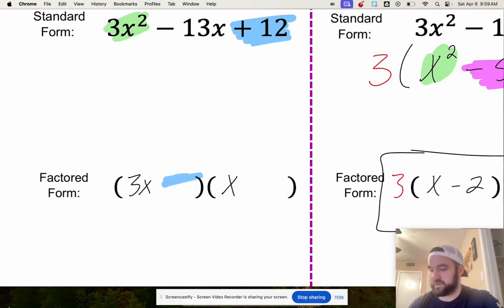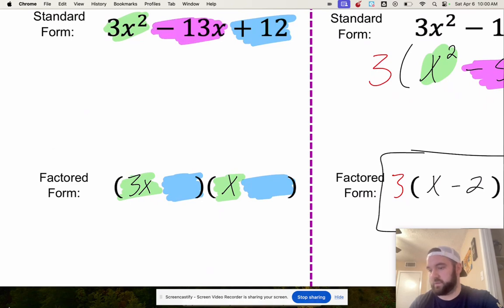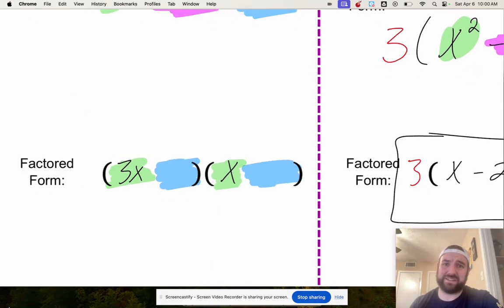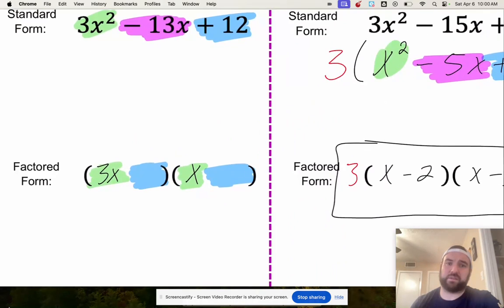So I know that this number together with this number has to equal +12, just like 3x multiplied by 1x had to equal 3x squared. And then, again, we're going to keep in mind that -13x is what I want. The fact that the 13 is negative tells me that my factors of 12 had better be a couple negative numbers.